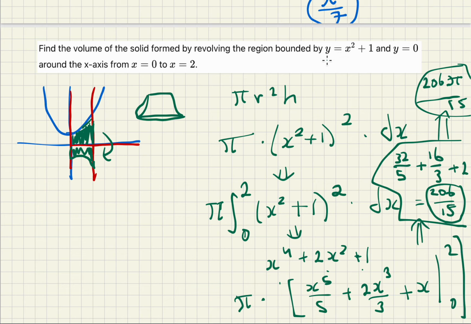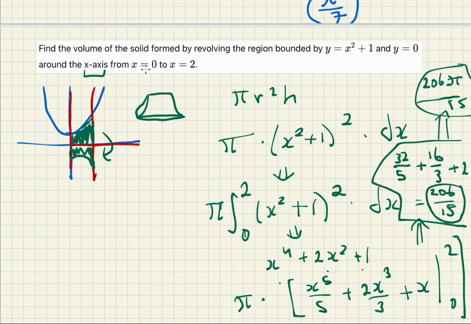In this case, y equals x squared plus 1 would be x equals the square root of y minus 1. And so you would plug the square root of y minus 1 in for the radius, and dx would be dy. But that's only if you're revolving around the y-axis. In this case, it's the x-axis.